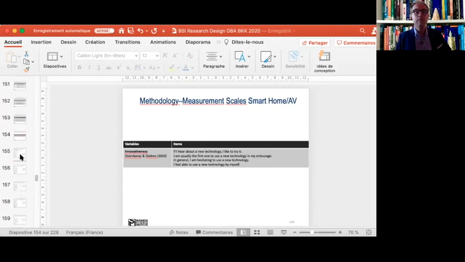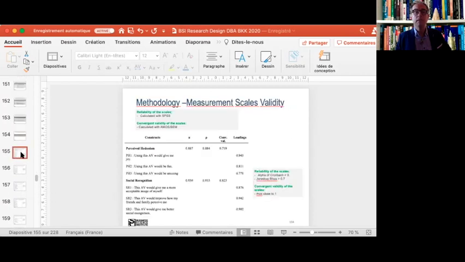And then we performed reliability and convergent validity analysis. So you can see the different scales. Reliability means that all the items measure well the concept, the phenomenon. We have 2 indicators, the Cronbach alpha, which should be higher than 0.7, and the Jöreskog rho, which also should be higher than 0.7.